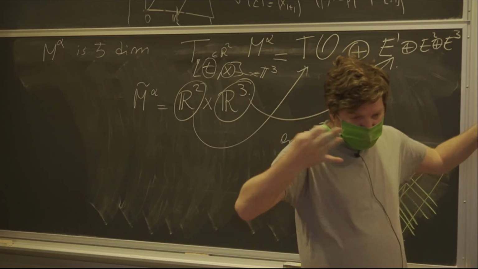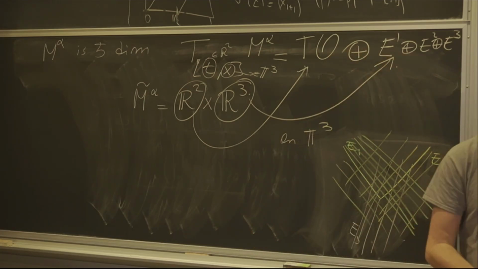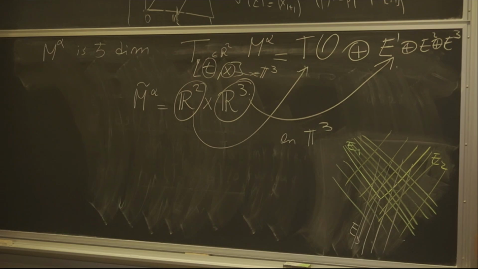Well, they are on R3 and they descend to T3 naturally in a good way and generate these three foliations. And not only that, they induce as well foliations on the fibers of M alpha. So I have these three one-dimensional foliations on M alpha. Okay?